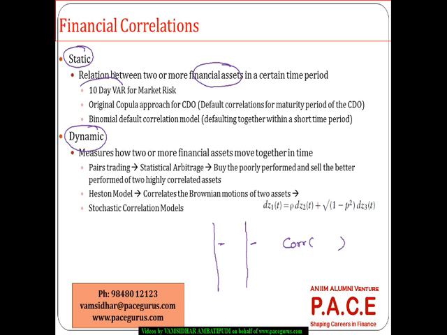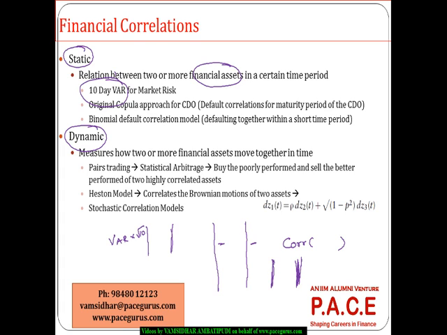When I'm saying 10-day value at risk, it is computed by taking 10 days of data at a time, or probably a single-day value at risk is computed, and that is multiplied by the square root of 10. So when I say static, it doesn't move day over day, and even if it moves day over day, it is computed for a period taken together.